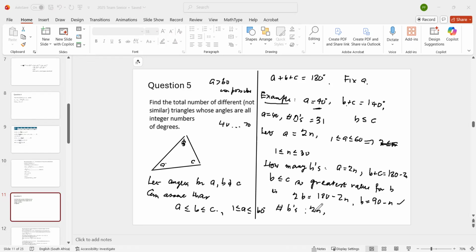That's what we had, 40, you see, 2n was 40. And then you go 2n plus 1, and so on, all the way up to 90 minus n. Now we need to know how many such B's are there.